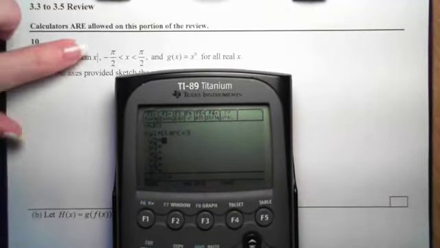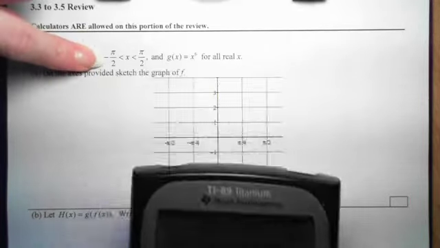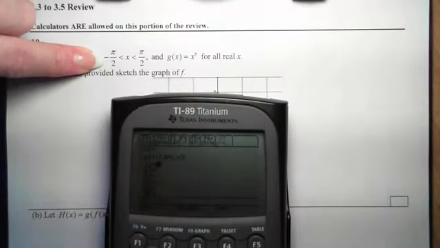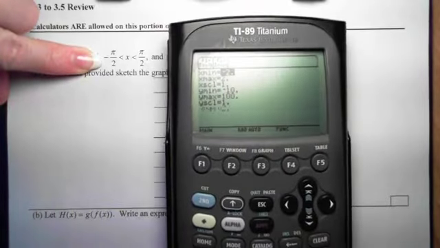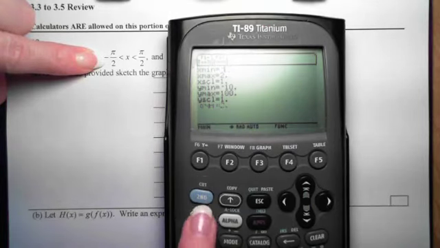Now let's go to our window. Notice that this is negative pi over 2 to positive pi over 2. So to graph f, I'm going to go to my window. So that's diamond window, diamond F2. And I'm going to make my x go from negative pi over 2 to positive pi over 2.